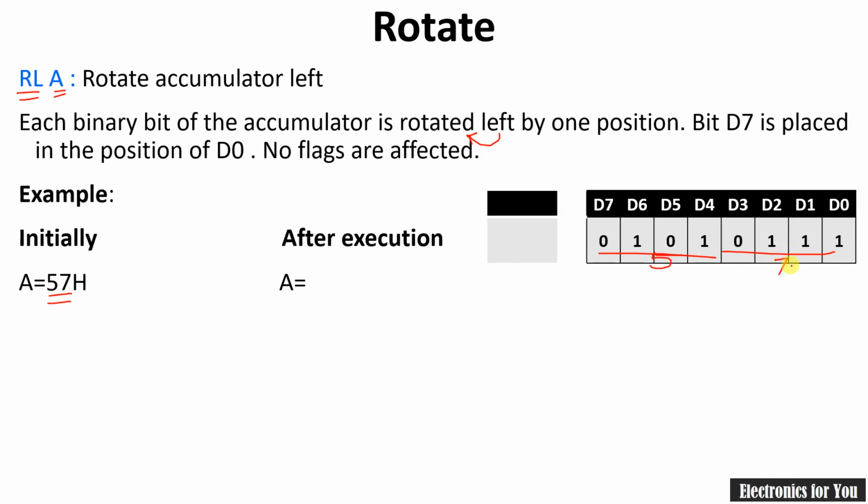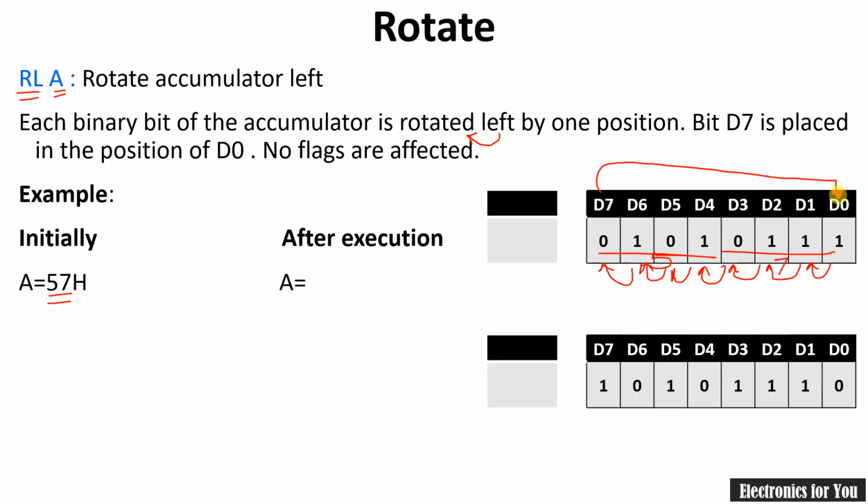Now the RLA instruction will shift each bit to the left by 1. The remaining bit will be D7, and this D7 will go to the D0 bit, and therefore we will get a result like this.